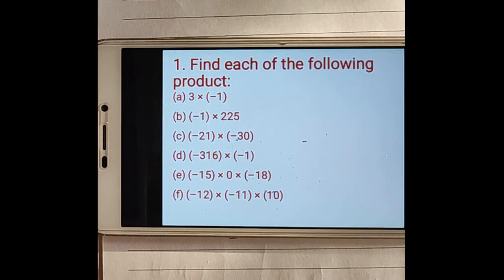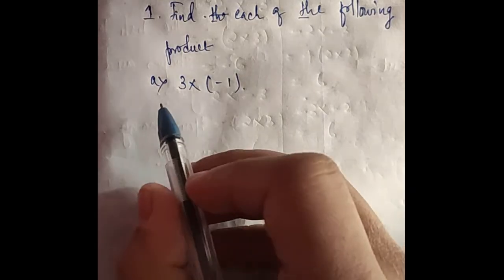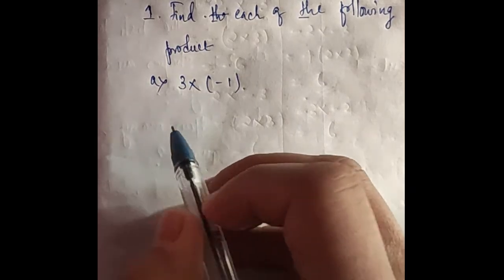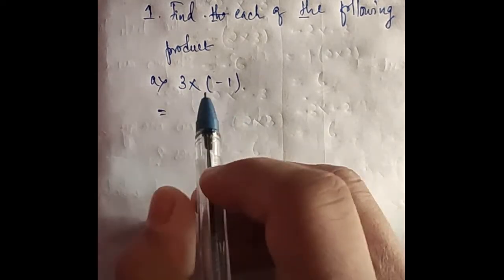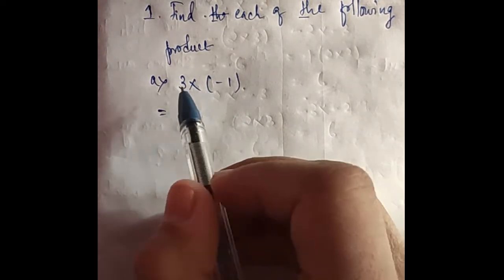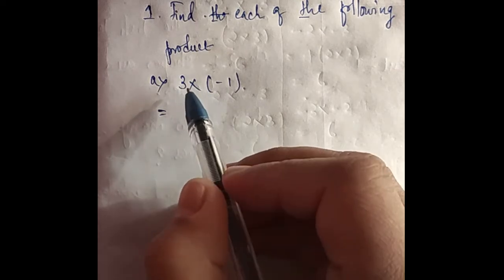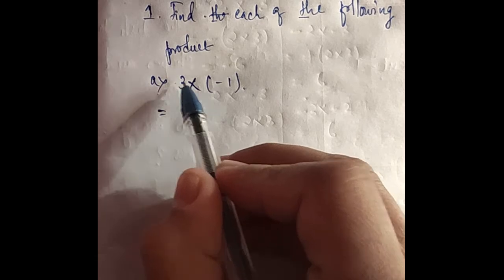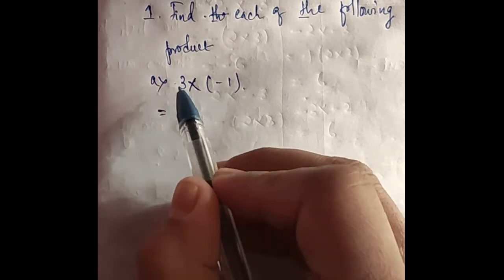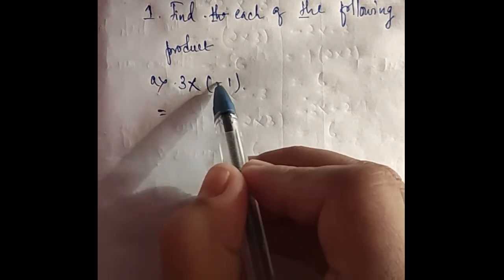Let us have a look at problem A. As I have mentioned in the previous slide, whenever you are finding the product of a positive and a negative integer, first of all we have to solve for the sign. Plus into minus is minus.